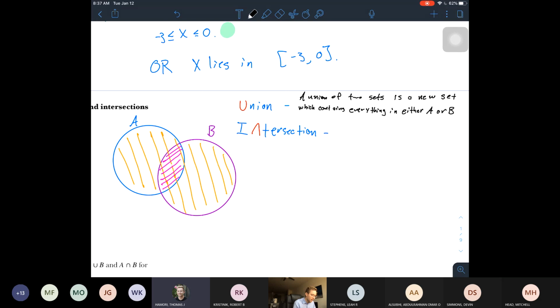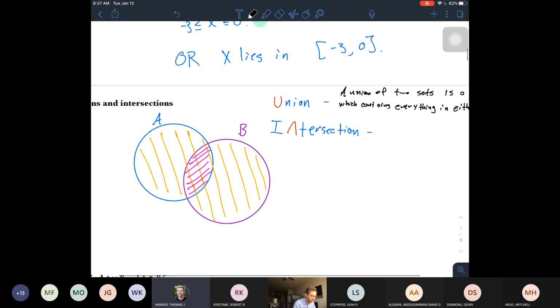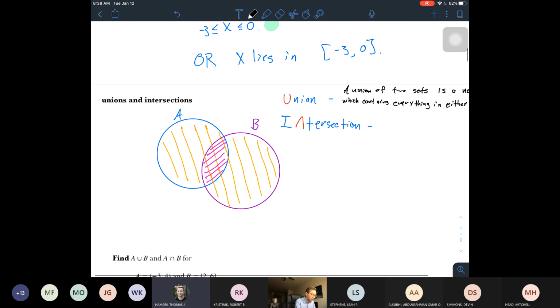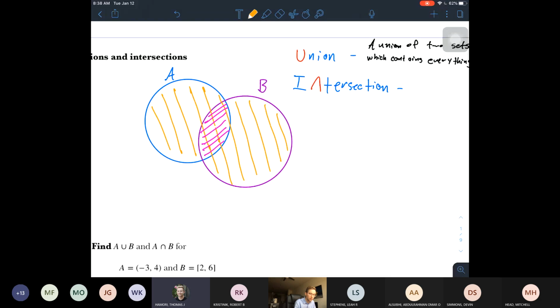Okay, so A and B are our sets here, so we would say that the union of the two sets A and B is all of the elements which are contained in one of these two circles or both. So in our case, that's going to represent the shaded region, which is shaded in orange.